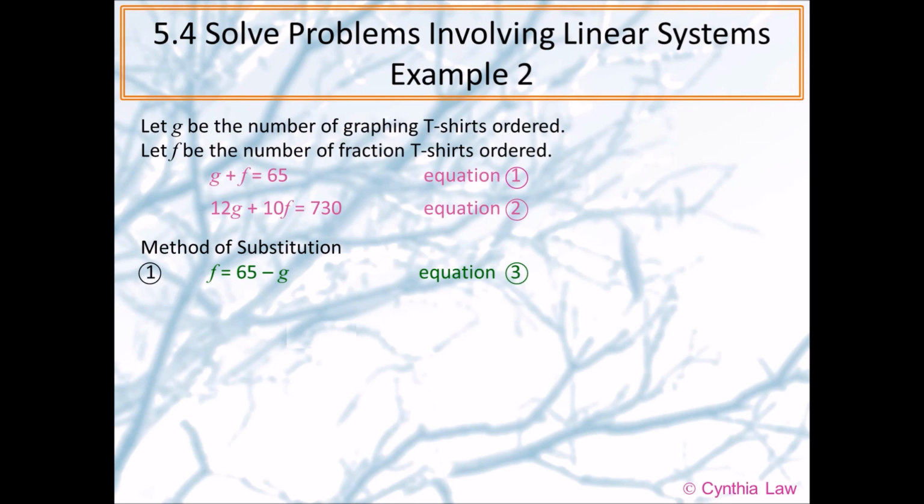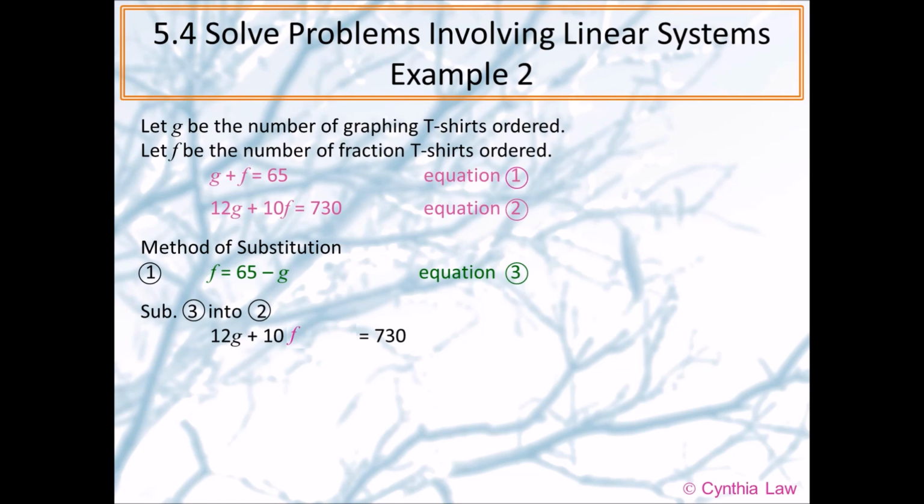So then I am going to substitute my equation 3 into equation 2. So my equation 2 is 12G plus 10F equal to 730.